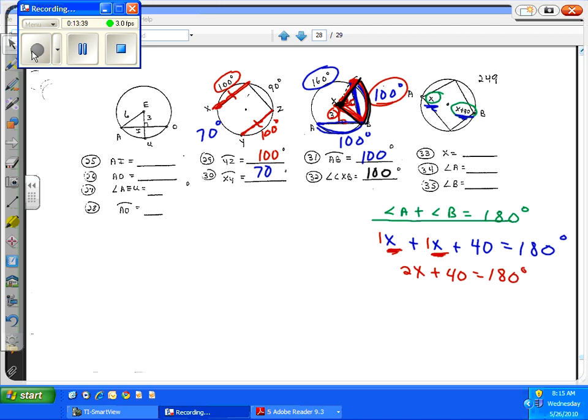We've done all we can do to simplify. The variable is not on both sides, so it's time to undo. We're going to undo addition first by subtraction. So we're going to get 2x is equal to 140 degrees. We're going to undo multiplication by division, and we get x is equal to 70 degrees.